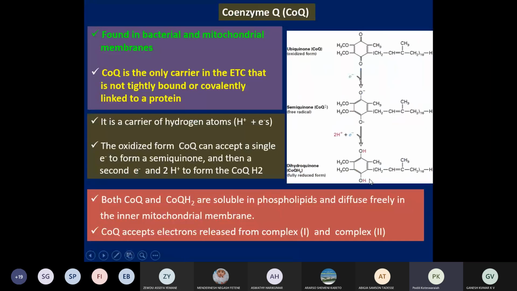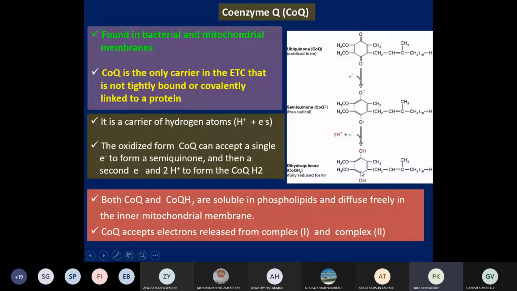You can see here this is the ubiquinone. Just to make this a little clearer, as I already said, ubiquinone is a 2 electron carrier, but it releases 1 electron at a time. This is the oxidized form of ubiquinone. When it accepts 1 electron, it becomes a semiquinone. When it accepts another electron and 2 protons, it becomes ubiquinol, the reduced form.